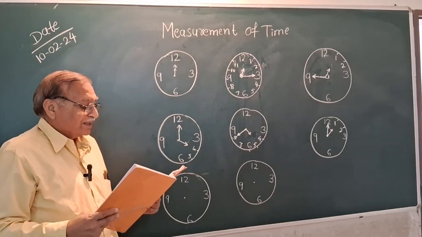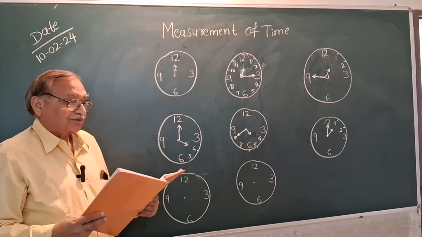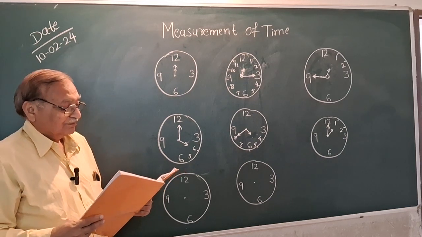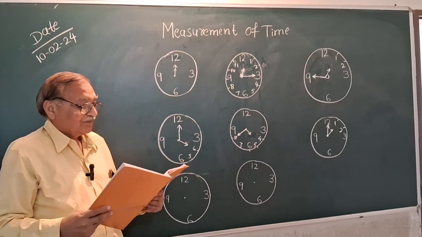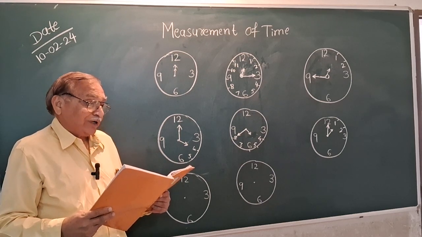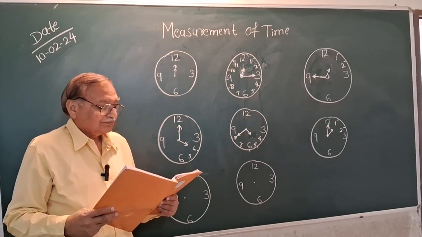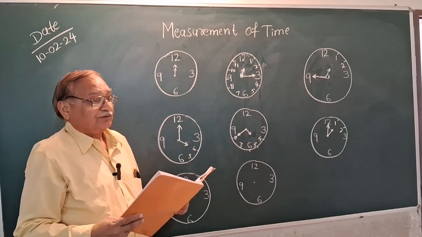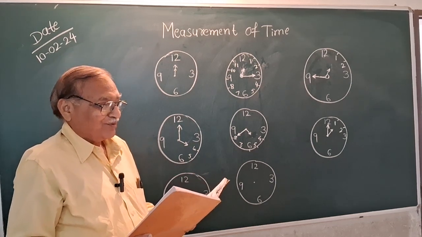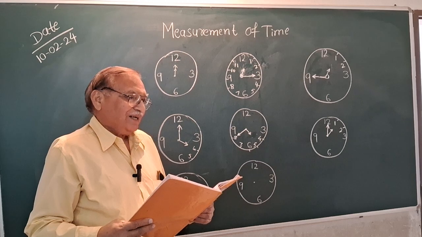Look at the long hand and the short hand of the clock. When both are at 12, it is 12 o'clock. One hand is over the other.